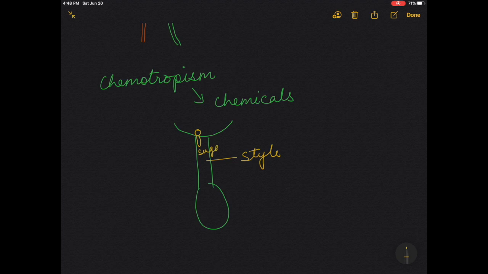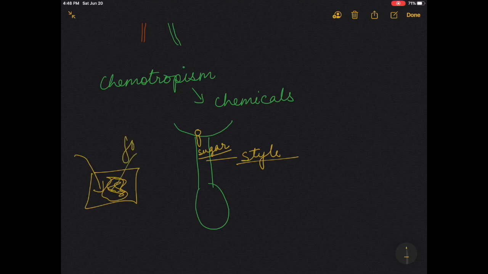This movement of the pollen tube is because sugar and peptones are secreted by the style and the pollen tube moves towards them. This is an example of chemotropism, and another example is the movement of fungi growing towards areas richer in food. If there is a piece of bread, you will see fungus growing on it because the fungus is attracted by the chemicals present in the bread.